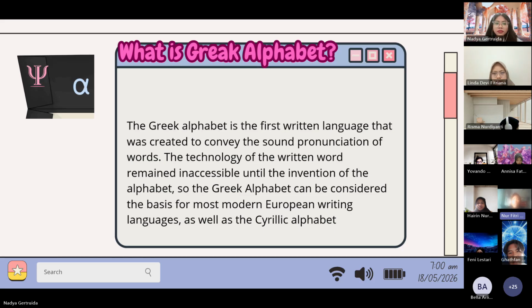So the Greek alphabet can be considered the basis for most modern European writing languages as well as the alphabet. And we also use this in mathematics, chemistry, literature, and physics. Next slide, please.